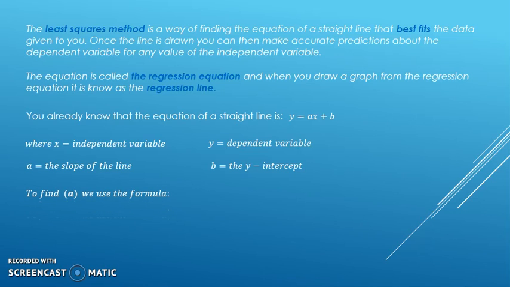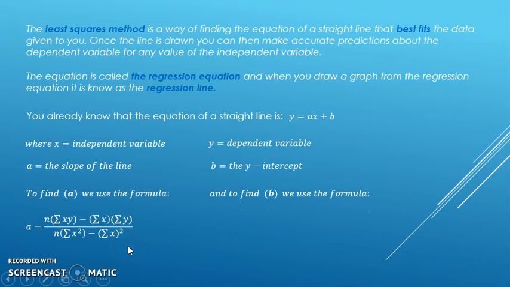Now, in order to find a, we use the following formula. A equals n, which is the number of values given, multiplied by the sum of xy, minus the sum of x multiplied by the sum of y, divided by n multiplied by the sum of x squared, minus the sum of x all squared.